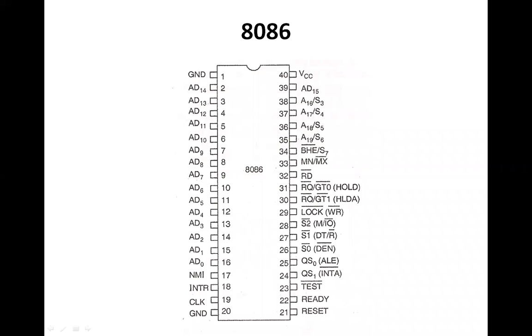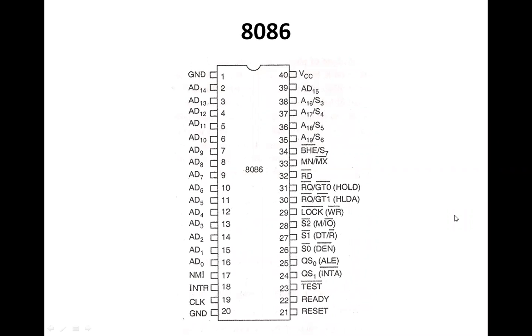So this ready signal is used by the external devices to make the 8086 idle and wait for the information flowing from the peripheral devices.